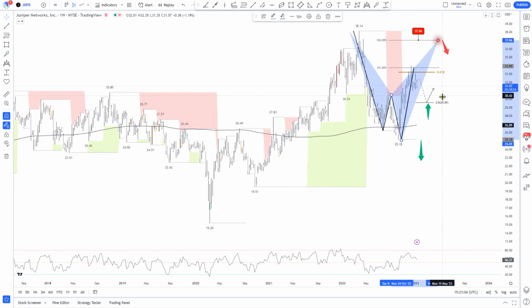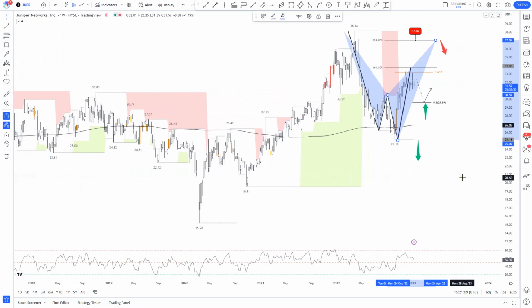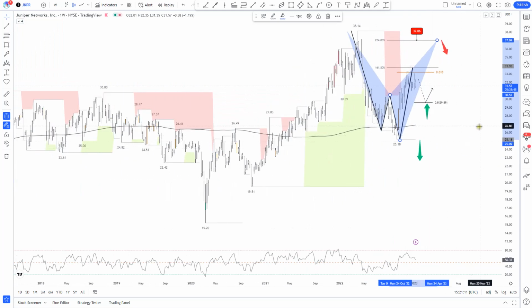I don't say that I have a favorite pattern to trade, but in terms of risk-reward approach for the downside, and taking into consideration the ratios and the Fibonacci variables inside this range, between the fractals, I will favor the short from 37.06 because it may offer me a much better risk-reward approach if I want to short a stock, which is not usual.